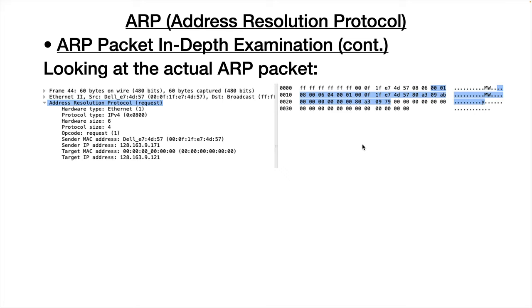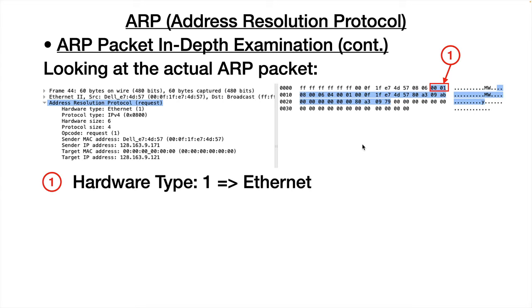over in the left we have the address resolution protocol selected. Notice it tells us it's a request, and it highlights everything in blue that is part of the packet. As I showed you in the example, the hardware type is highlighted. A 1 value means this was Ethernet.